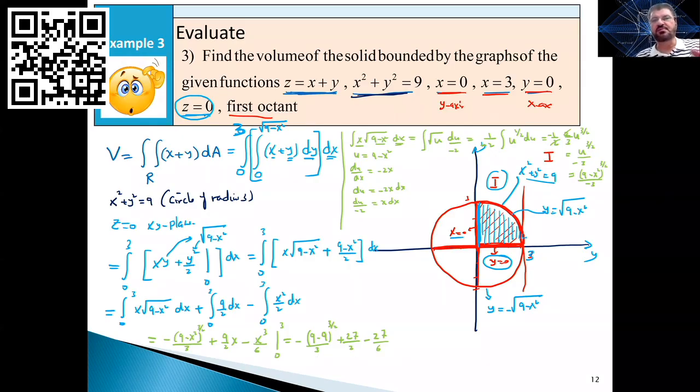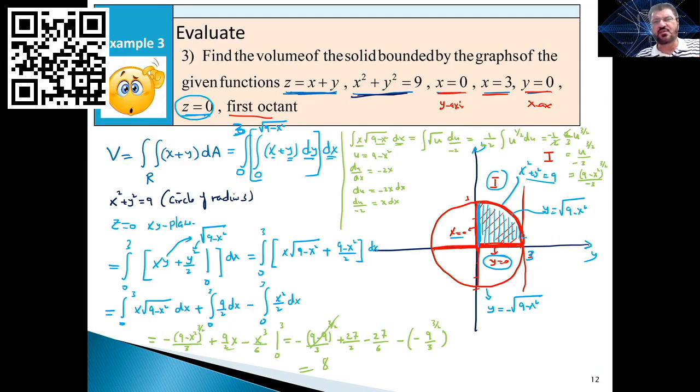Minus, if you put the 0, minus, start with 0. 9 minus 0 is 9. So this is going to be minus 9 to the 3 half over 3. And then if you put 0 here, it's 0, and that's it. So we close that one. So this is going to be 0. Then 27, if you multiply by 3, it's 81.